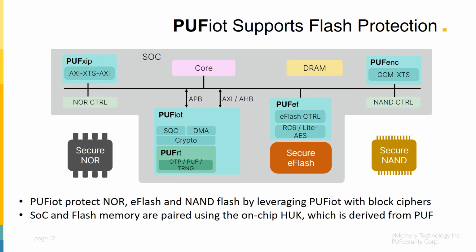PUFiot can protect embedded flash, NOR flash, and NAND flash by leveraging block ciphers and an on-chip hardware unique key. Even if a hacker can read out the content or remove the flash chip to combine it with another device, since the content is encrypted and there is no paired key, the system cannot be further executed. Therefore, SOC and flash memory are paired and can further prevent counterfeiting.